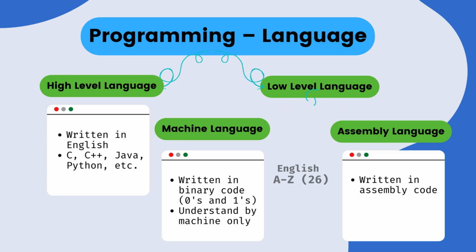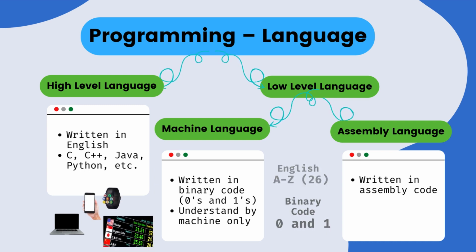Similarly, if you want to communicate with a computer, you have to frame words by using zeros and ones only. Which is quite difficult, right? However, machine language is the only way to communicate with machines, because machines understand only machine language. Here machines could be computers, mobile phones, smart watches, any electronic device, etc.